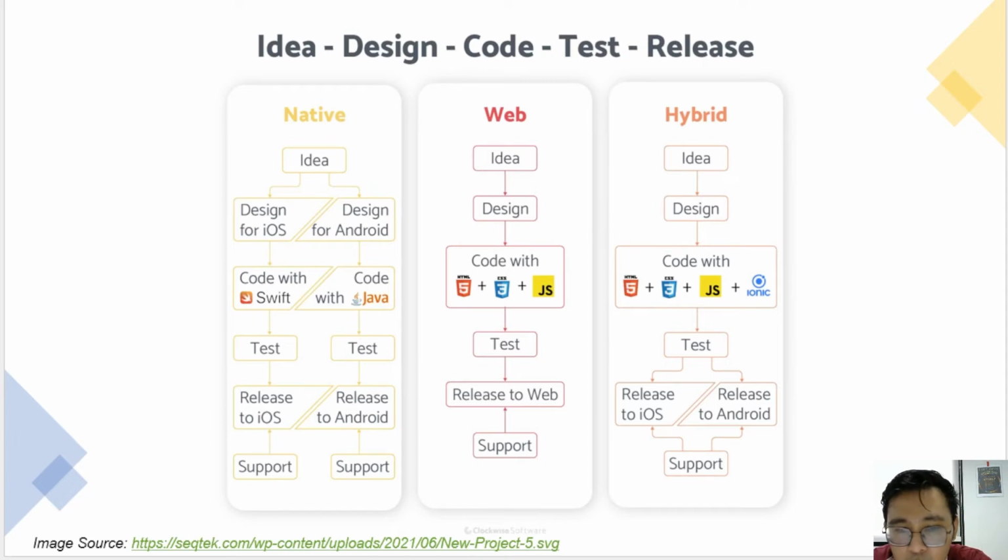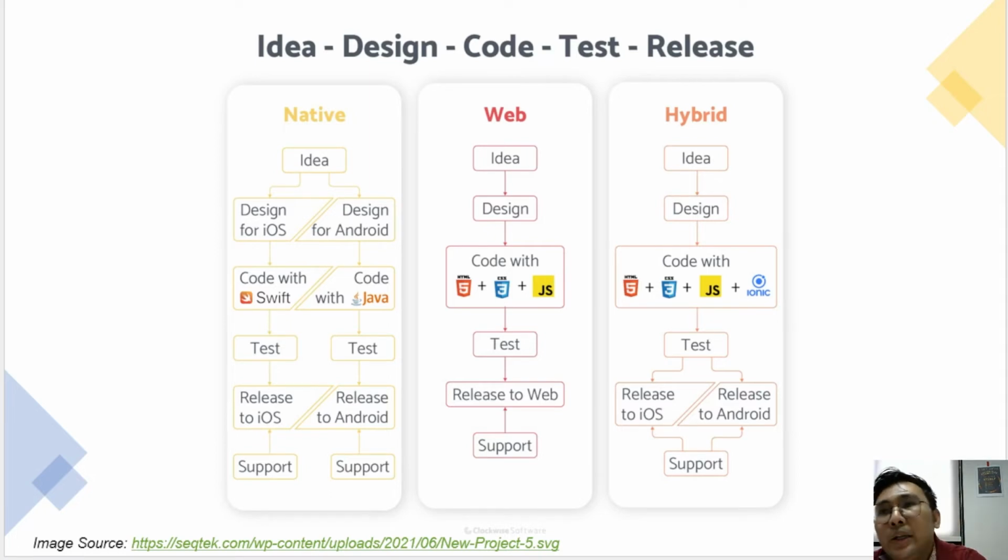With the native approach, we start with the idea, and then divide it into design for iOS and for Android. We code it using Swift if we are going with iOS, and code it with Java, for example, if we are going with Android, even though Android could be used with other programming languages as well. We also need to test it, release it to iOS and to Android, and even provide support.